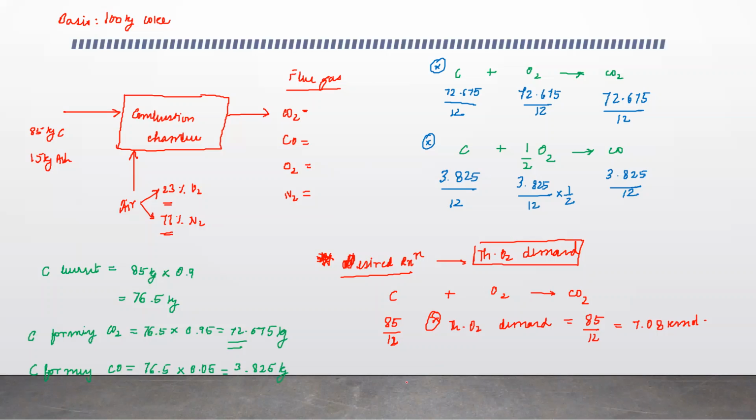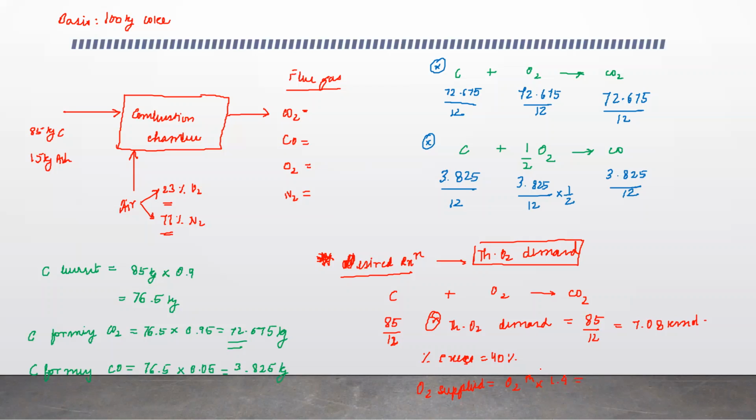All right. Then they have given us percentage excess as 40%. So as I told you, if it's 40%, then the oxygen supplied is going to be oxygen theoretical into 1 plus 40 by 100, that is 1.4, right?